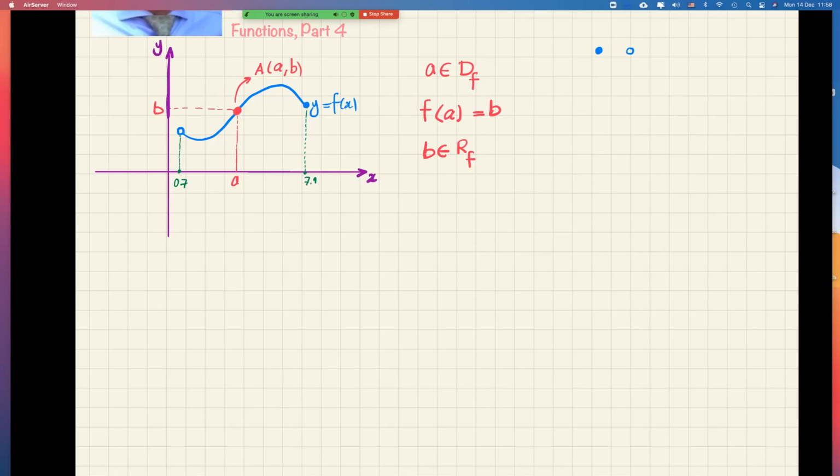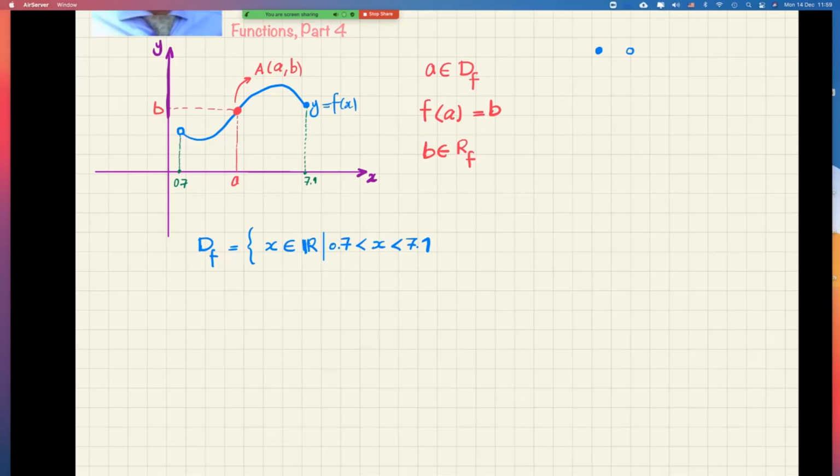Even if I don't know the rule of the function at all, I just want to answer this question using the graph of the function. So I would write the domain of the function is the set. Do you remember? You need to respect these rules. You need to write the set of all x's where they are in R. We talked about why I put this symbol R here. And then x is between 0.7 and 7.1.